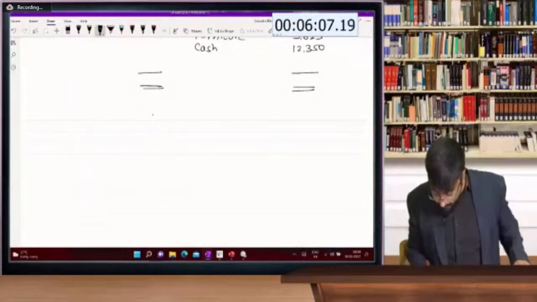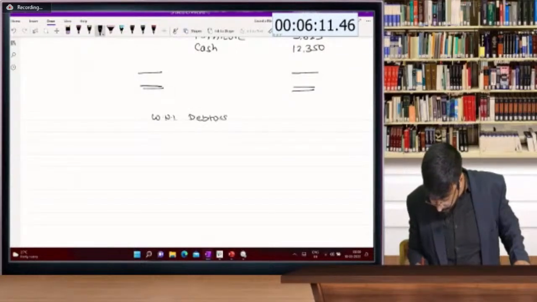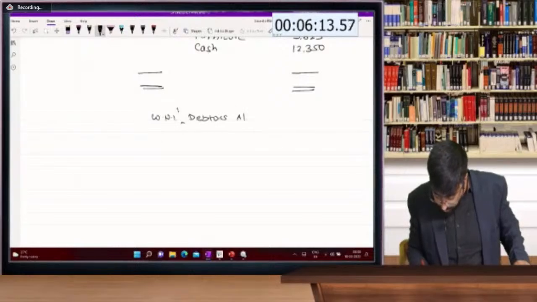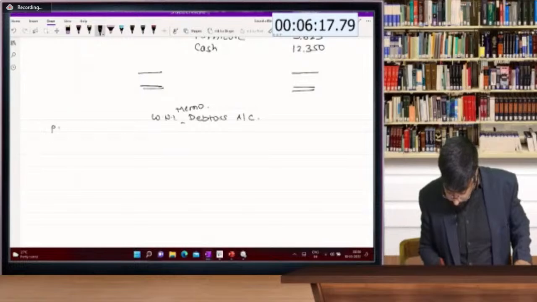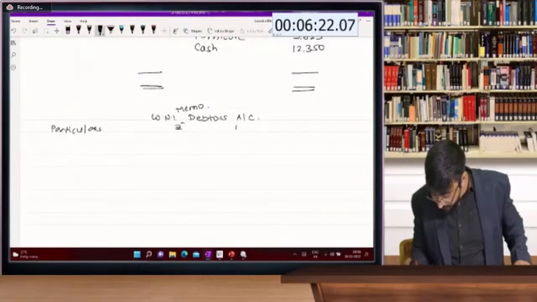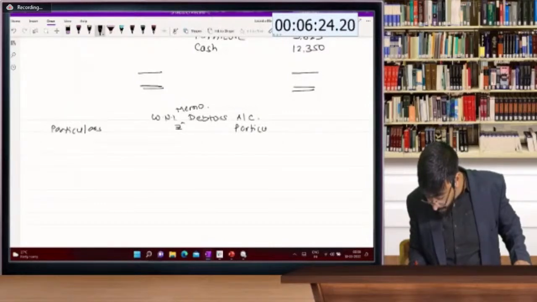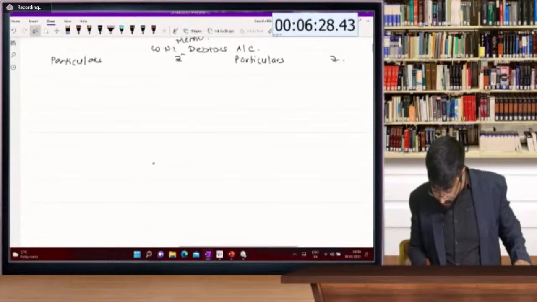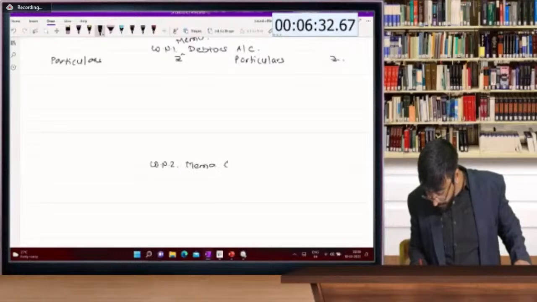Working note 1, debtors account, memorandum debtors account. Particulars, rupees. Working note 2, memorandum cash account.